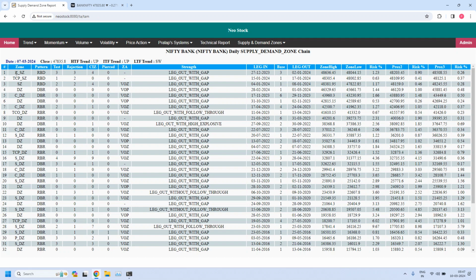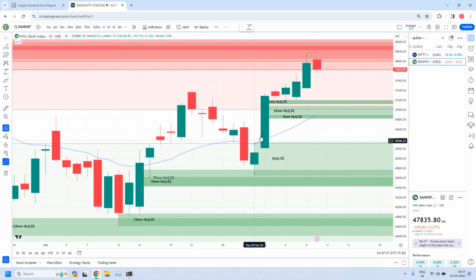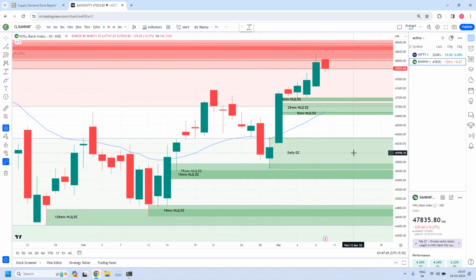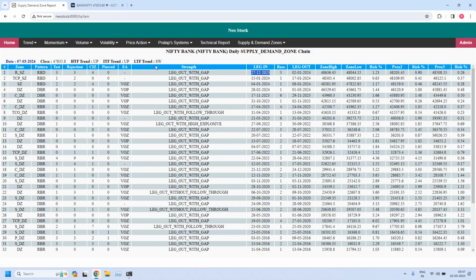So Bank Nifty is having a strong high liquidity zone, that is the 27.12 2023. This is the most recently available demand zone. So let me shift to Bank Nifty.